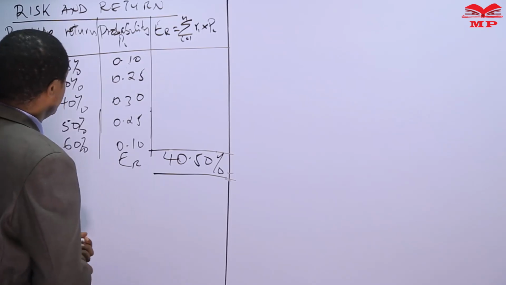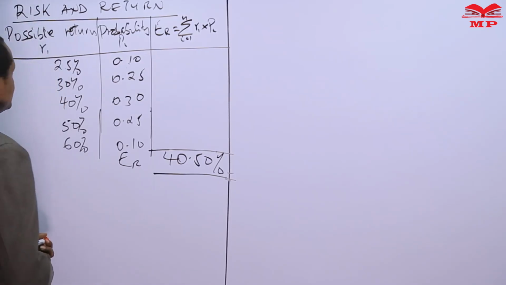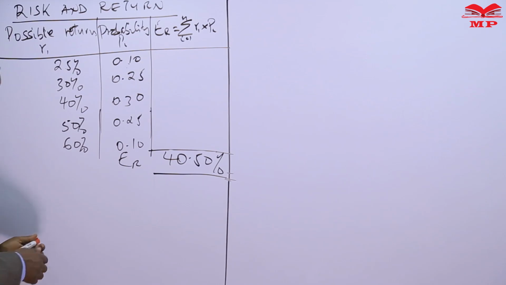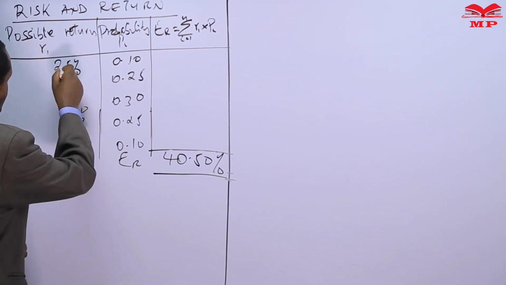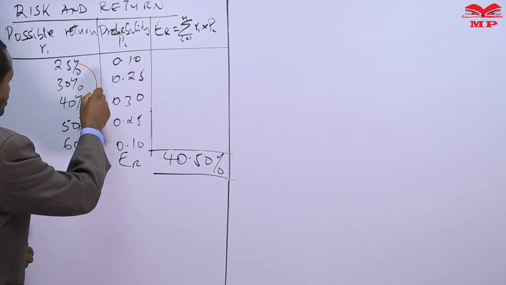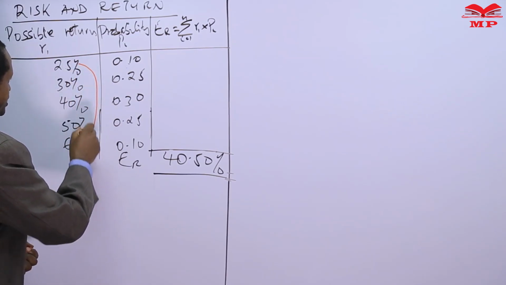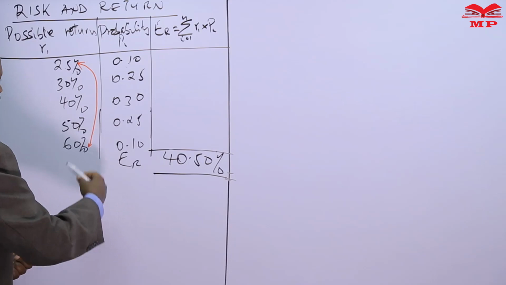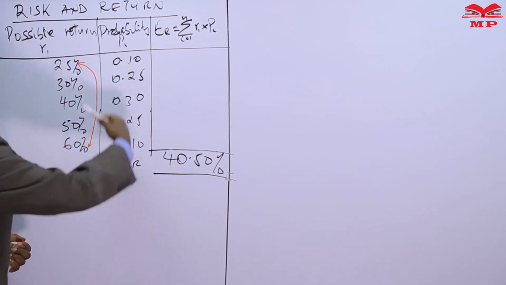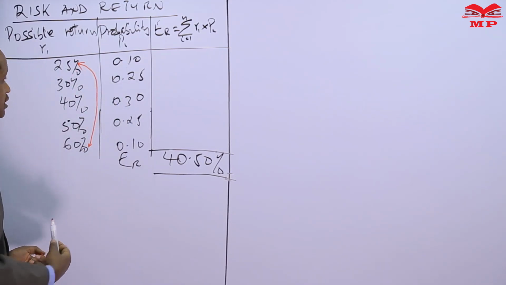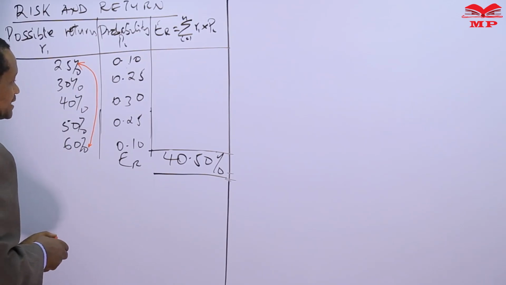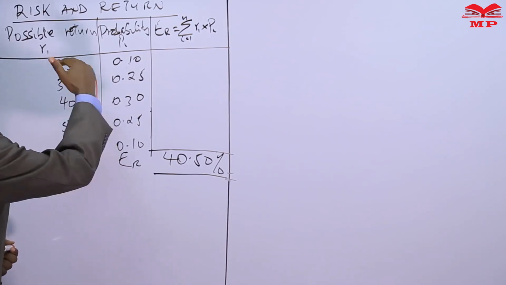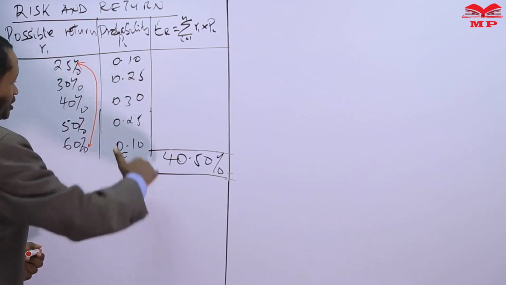And you can see these possible returns are varying between 25% and 60%, at the least 25%, then at most 60%. That is the variation with different probabilities.